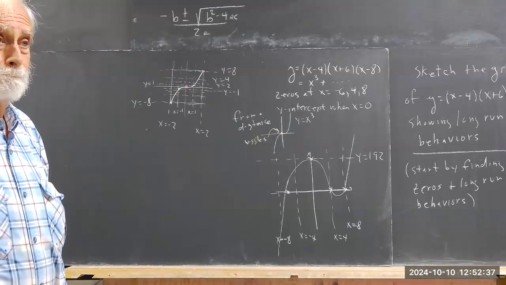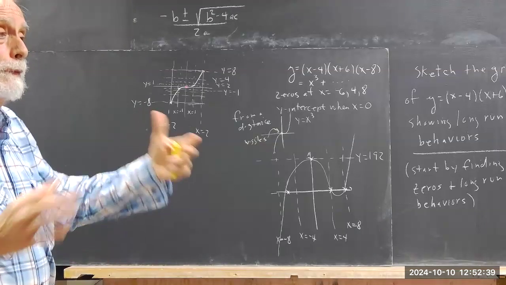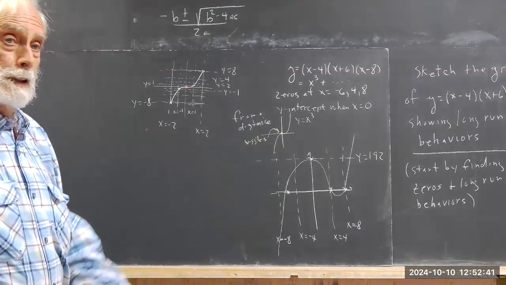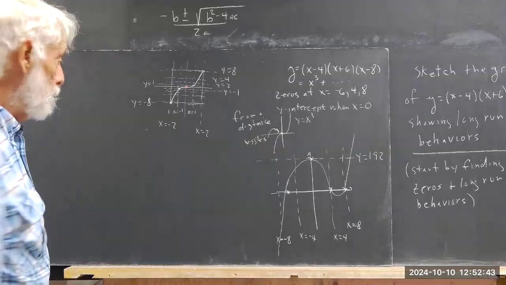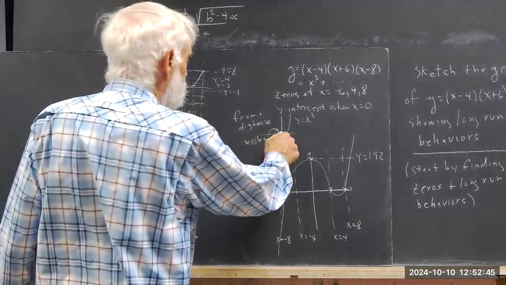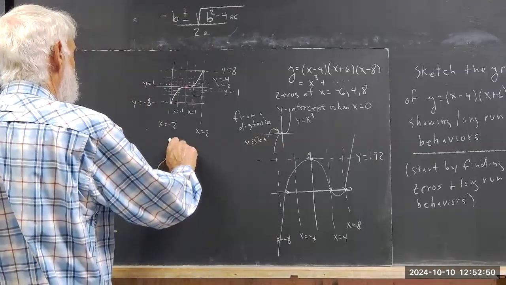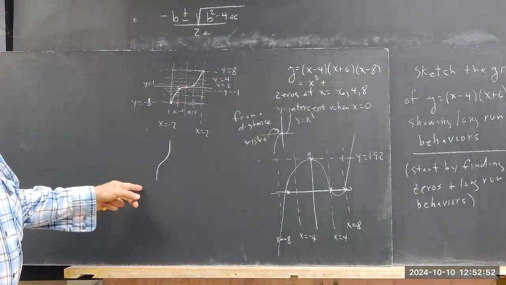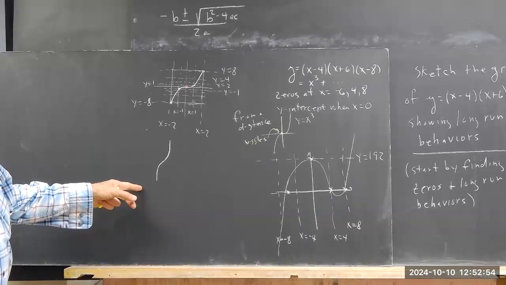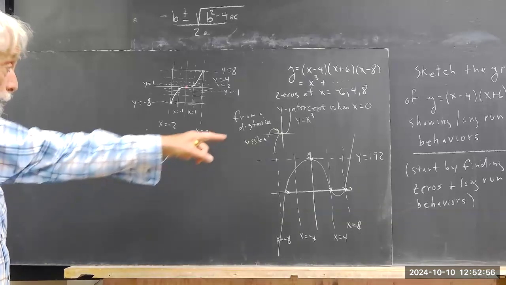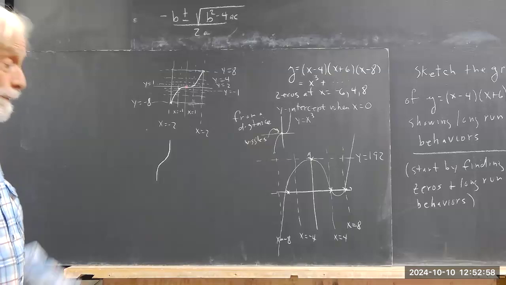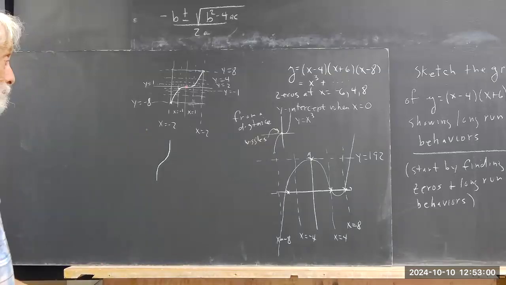Does that make sense? In terms of the way we've constructed graphs, that should be a compelling picture. So that when you draw this thing, you'll make it flat in the middle instead of drawing it like this, which is what I see a lot. If you draw it like this, you're missing the important thing that it flattens out in the middle.